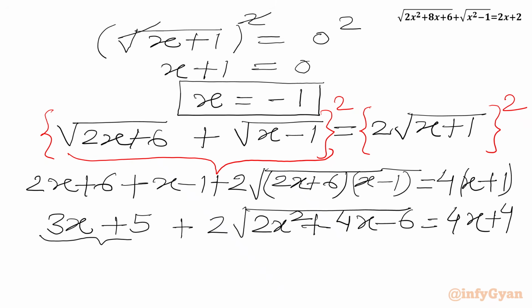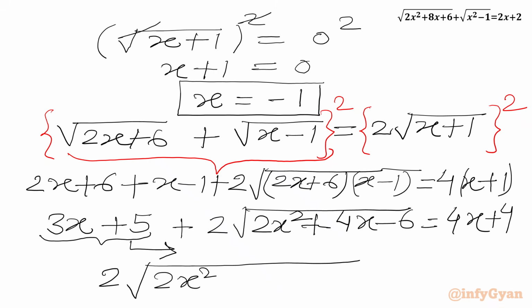Now we will take these two terms to the RHS. So we will get 2 times square root of 2x square plus 4x minus 6 equal to x, 4 minus 5 is minus 1.